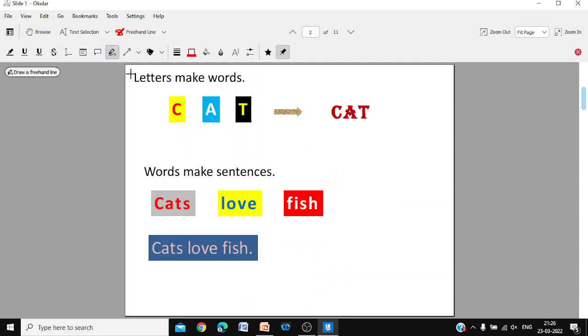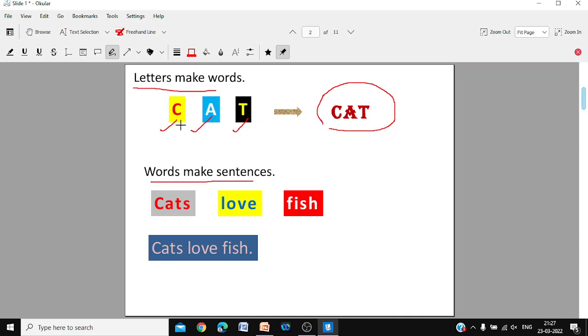Letters make words. When you take letters and join them, they make words. You take a letter C, another letter A, another letter T, and you make the word cat. Words make sentences.